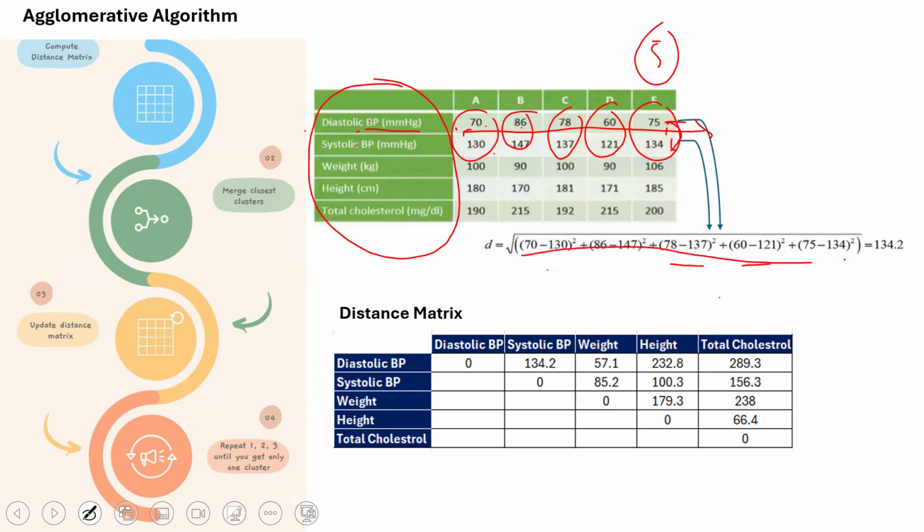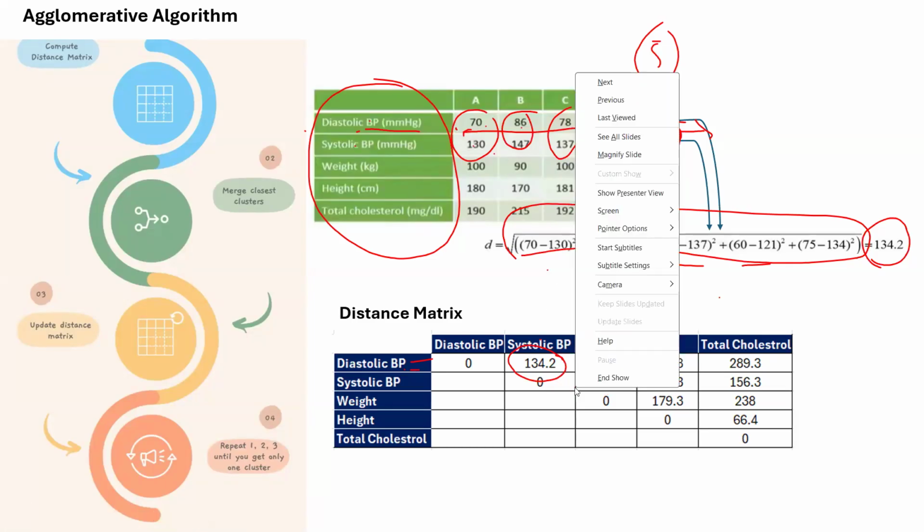When you calculate this, you get a particular value, and that is the distance between diastolic BP and systolic BP.